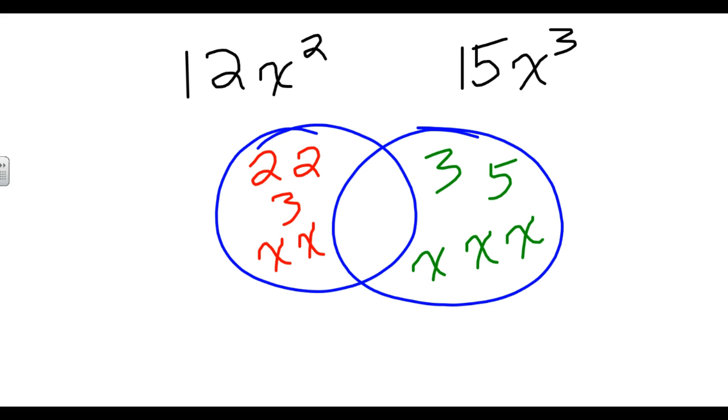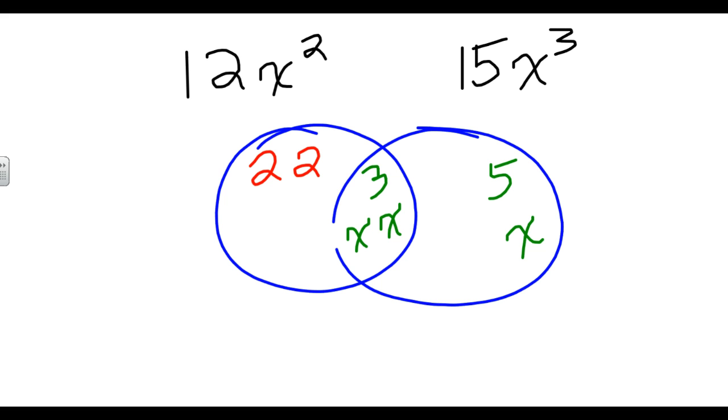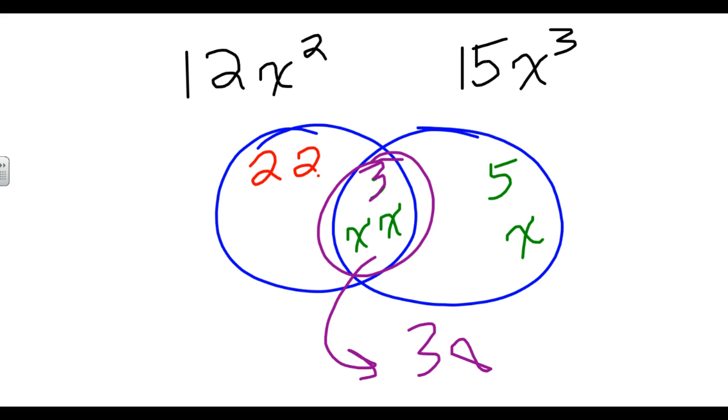Well, they have a 3, and 2 copies of the variable x. So now we're done with those. Our GCF is everything that's shared, which is just 3 times x times x, which is 3x squared. That's our GCF.